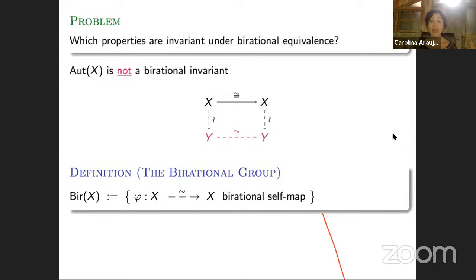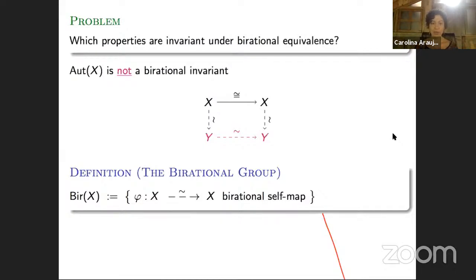On the other hand, we can consider the birational group of a variety. This is the group of birational self-maps of a variety, and this is a birational invariant. So this is the new type of symmetry that I would like to consider from now on, the group of birational self-maps of a projective variety.